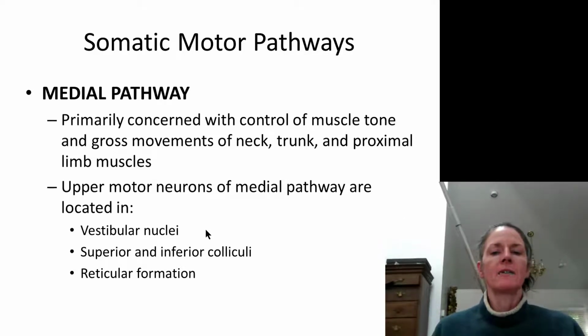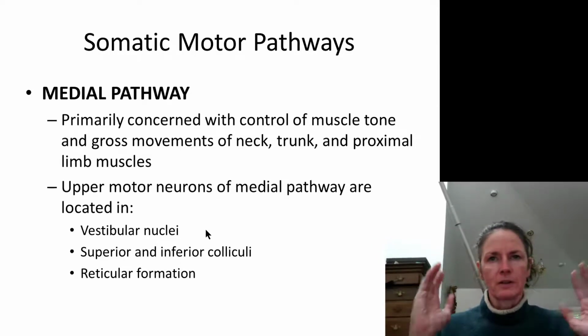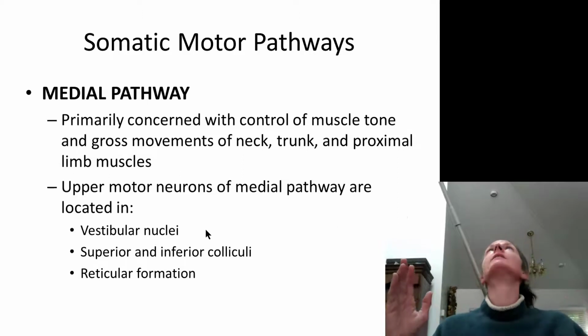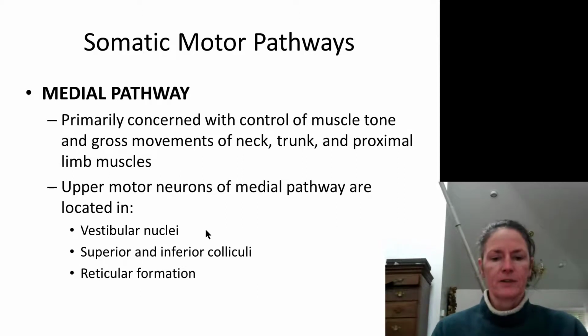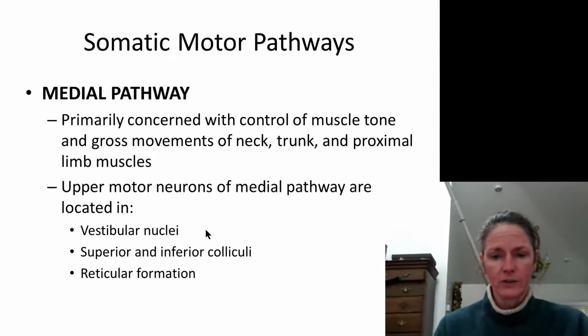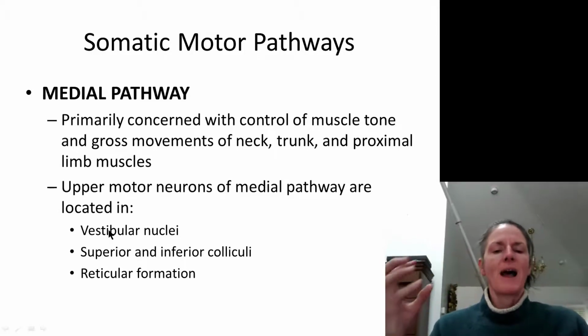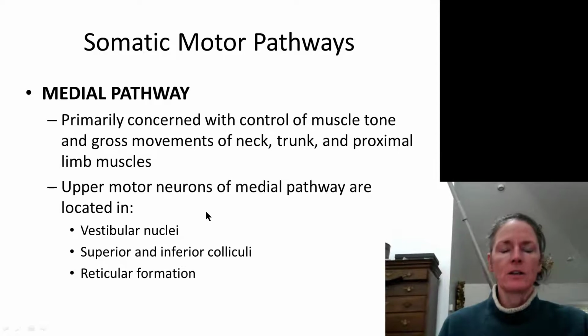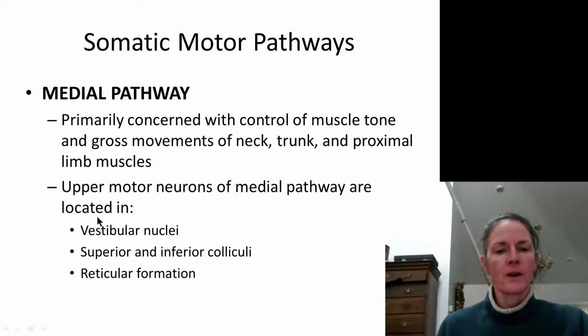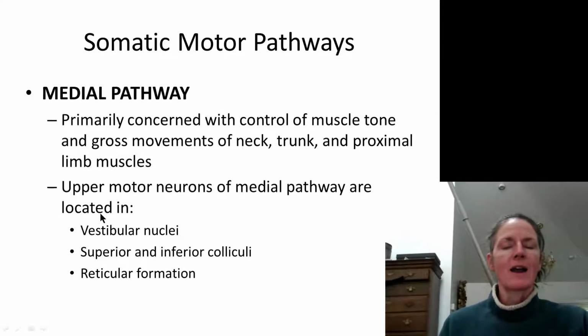And then we're going to have some other parts of this that will give you information about linear acceleration and head tilts, gravity, and this kind of thing. And this is very important for balance and equilibrium. And so we have this basically balance organ in the head, in the ear, that is going to send information along the vestibulocochlear nerve, cranial nerve 8, to the vestibular nuclei.